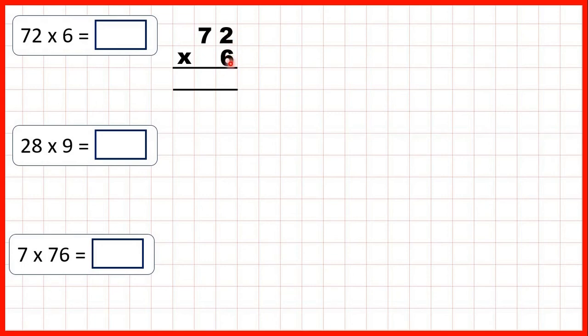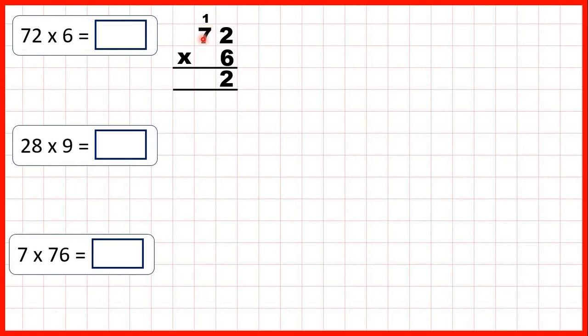2 times 6 is 12, but we can only have one digit in each place value, and 12 is a 2-digit number. So, because 2 times 6 is 12, we need to write 12 as 1, 2, with the first digit above the next place value column along.